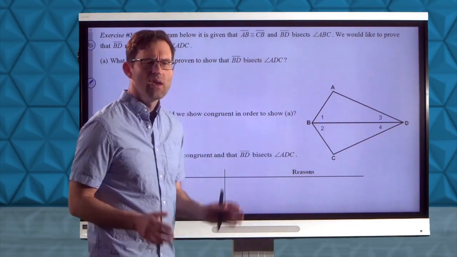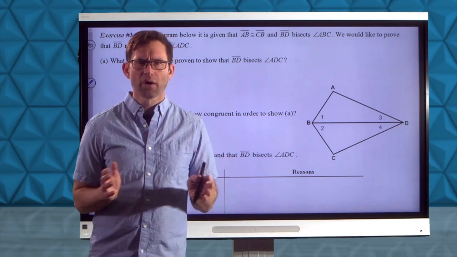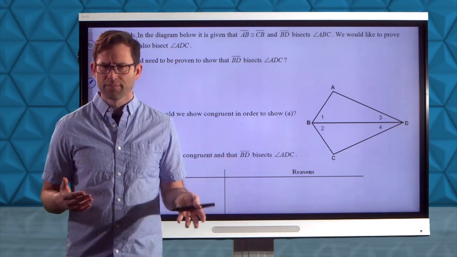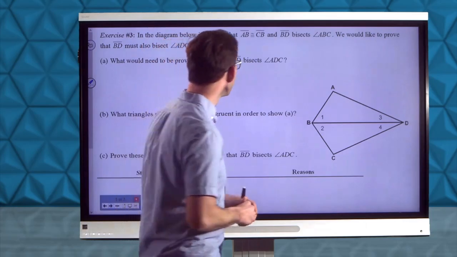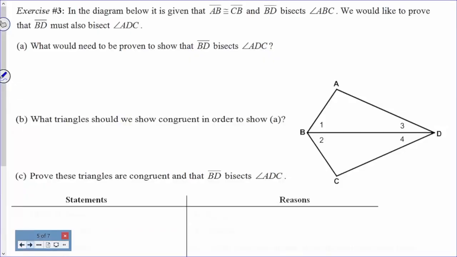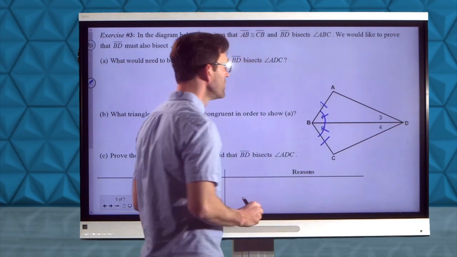All right. Now, let's start to mark up this diagram a bit, just based on what we know. So we're told that AB is congruent to BC. We're also told that BD bisects angle ABC. Well, that's going to tell me that this angle is congruent to this angle. All right?